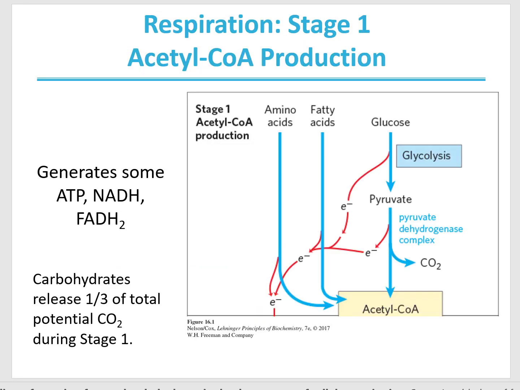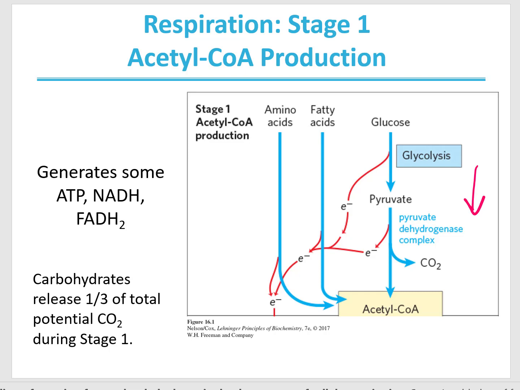So in stage 1, pyruvate is converted to acetyl coenzyme A. Now this is a very complex reaction that is carried out by a complex of enzymes and coenzymes called the pyruvate dehydrogenase complex. Now in an aerobic organism, it is not just glucose that gets oxidized to carbon dioxide and water.